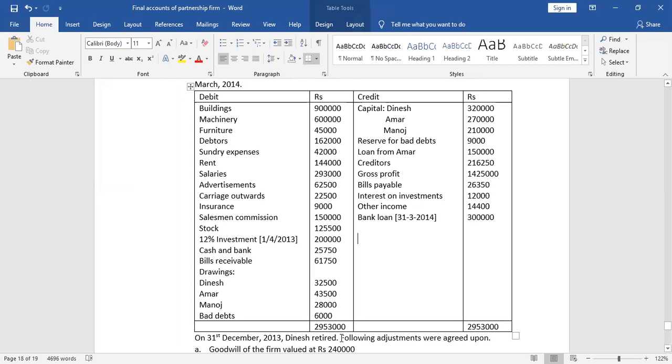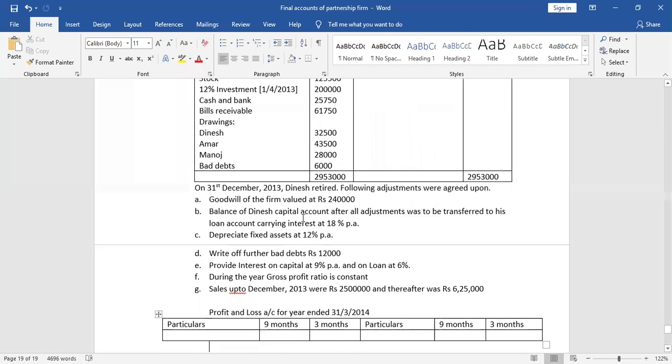Following are the adjustments. Goodwill of the firm was valued at rupees 2,40,000. Balance of Dinesh's capital account after all adjustments was to be transferred to his loan account carrying interest at 18% per annum. We have to settle Dinesh's account because he is going to retire.